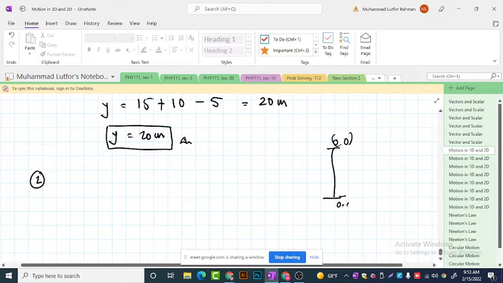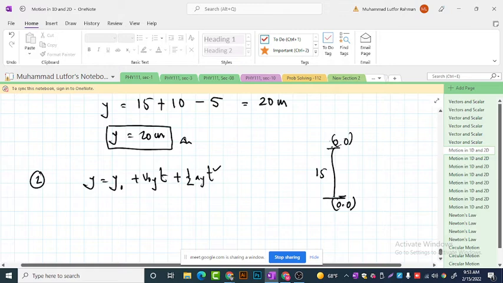But I am choosing the origin over here right now because I mentioned that. It is being thrown from here and it is coming to here, so y will eventually be 0. Depending on where you choose the origin. Because I choose this as my origin, although I throw from the 15 meter height, that is the initial displacement from my origin.